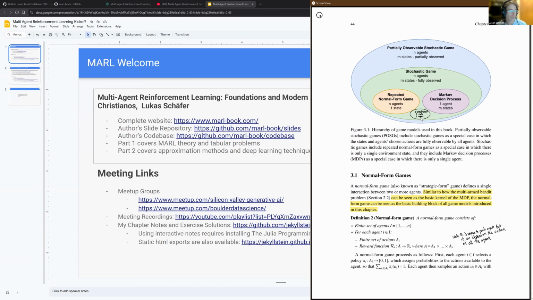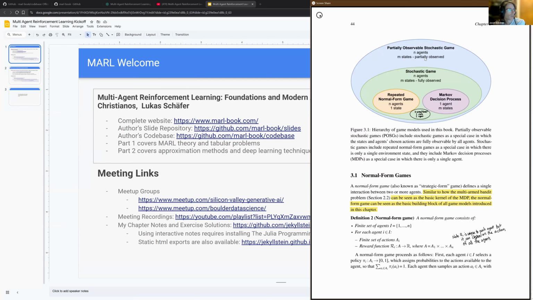Because the bandit problem was the first problem we had, a single state problem, it's the same as this normal form game formulation. It's just that now there's more than one agent involved. But at every step where the agents are interacting with each other, the interaction is the same. They know, based on the actions of other agents, what the rewards are going to be, as part of how the game is designed. So again, this says repeated normal form game.